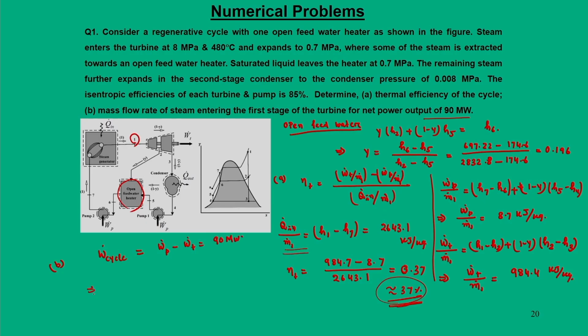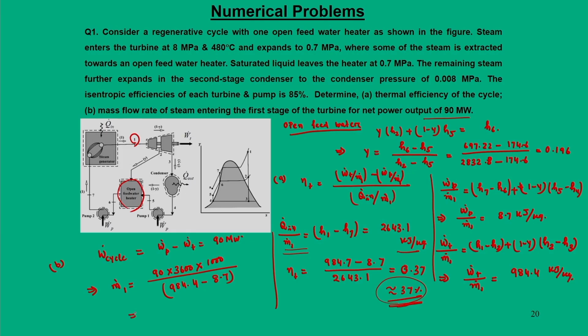So, the mass flow rate m1 dot would be 90 into 3600, because you need to convert into kg per hour, multiplied by 1000 because these numbers are in kilojoules, so we convert megajoule to kilojoules, divided by 984.4 minus 8.7, that is the net work.